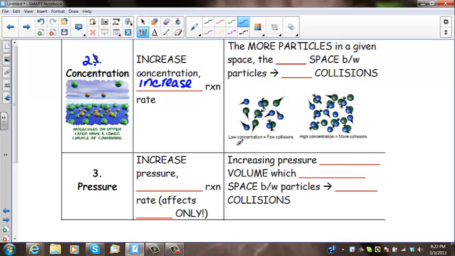Versus the less concentration, there's fewer particles per unit volume, so fewer collisions. The more particles in a given space, the less space between particles. Therefore, more collisions.